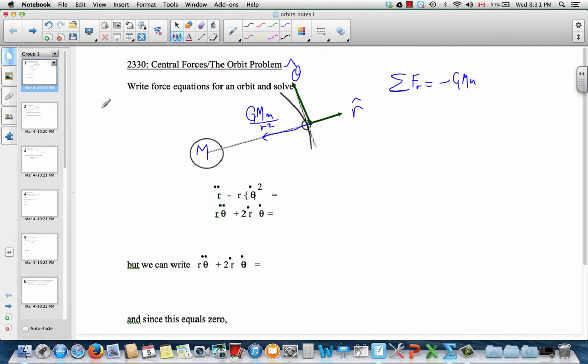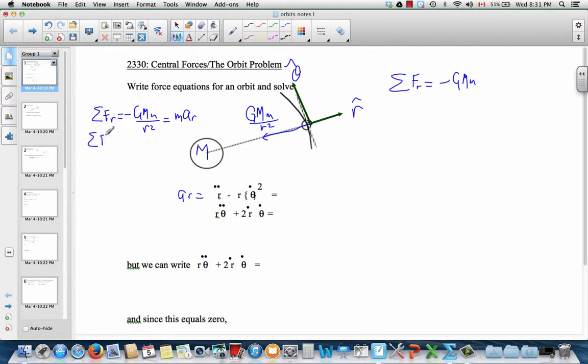The sum of the radial forces is negative GMm over r squared, and that's going to equal the mass times the radial acceleration, which is this expression down here if you remember your cylindrical kinematics.